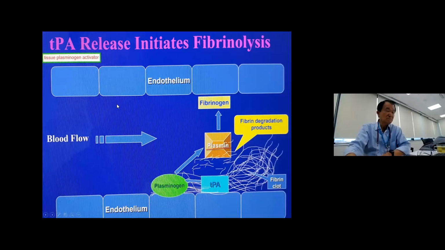So tissue plasminogen activator, excuse me, works through plasmin here, and this will degrade the fibrin. So in a very acute blood clot, within 4-6 hours, sometimes 24 hours, we can melt down an arterial clot using plasmin or TPA.